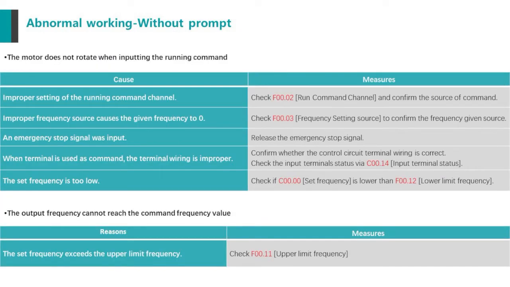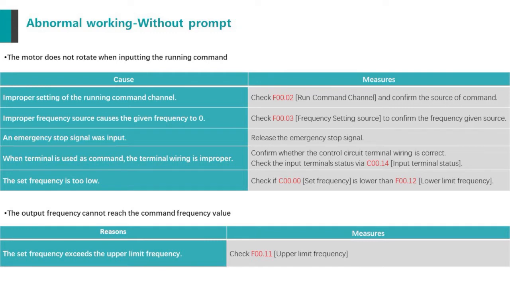Like the motor doesn't rotate when you input the running command. Usually this is because the running command or frequency limit are set incorrectly, as I introduced just now. If F00.02, the running command, is set to keypad run stop, but you use the X terminal to control the running and stop, you will find the inverter doesn't run, even if this X terminal is valid.